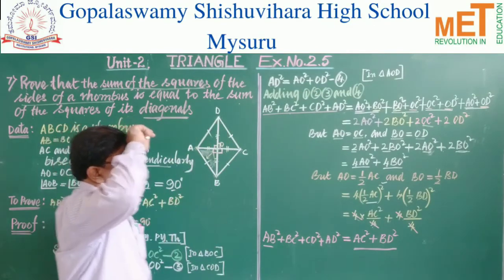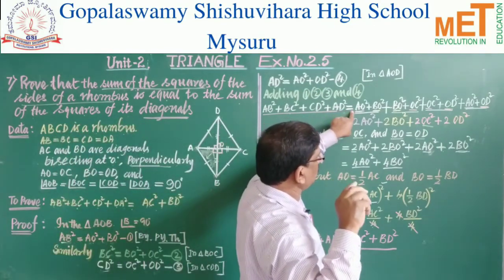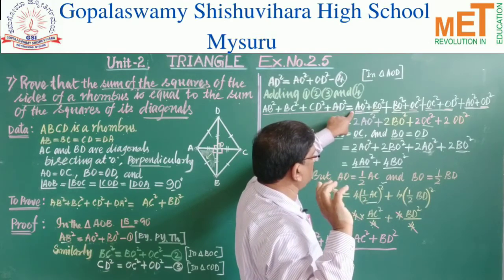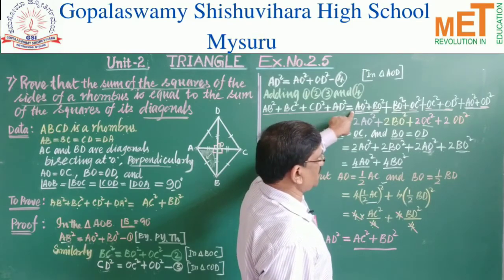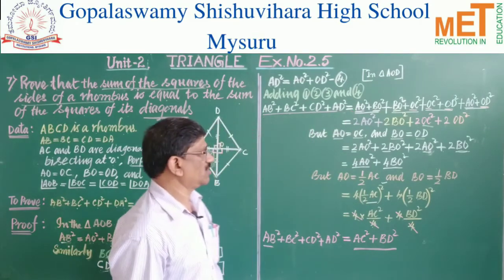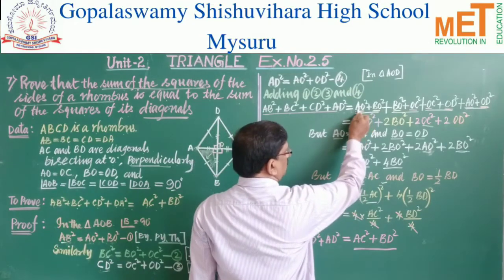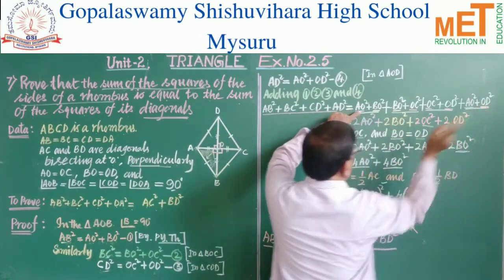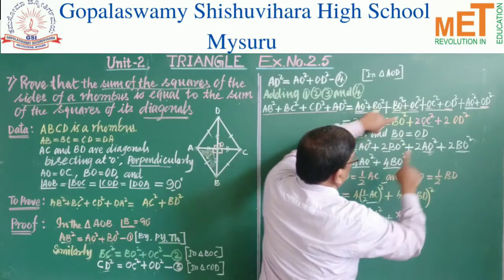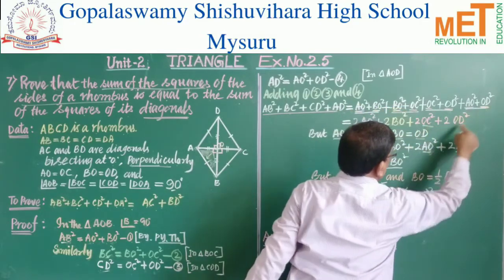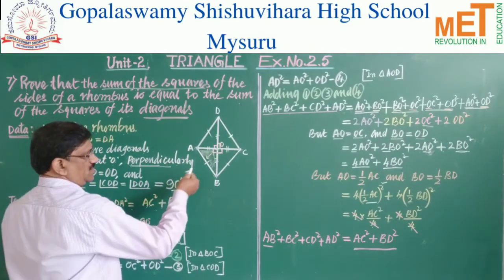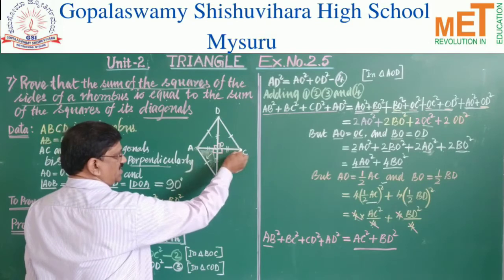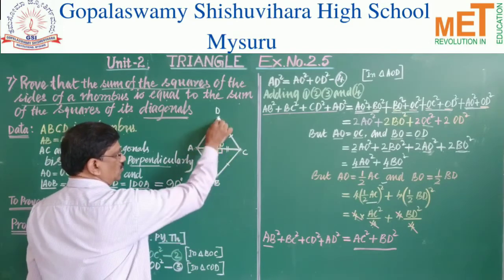Now in this step you can find there are 2 AO squares, 2 BO squares, 2 OC squares and 2 OD squares. We shall add those common terms, that is 2 AO square plus 2 BO square plus 2 OC square plus 2 OD square. But here already you know that the diagonals bisect each other. That means AO is equal to OC, BO is equal to OD.